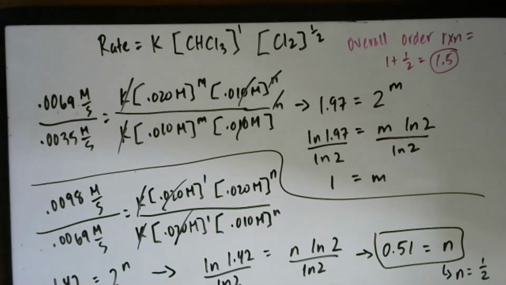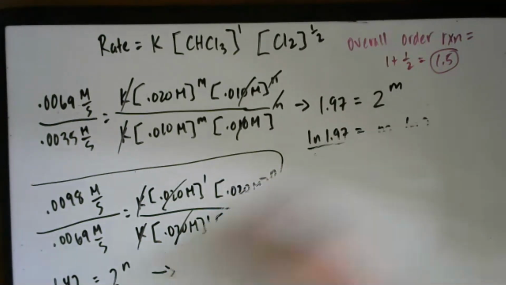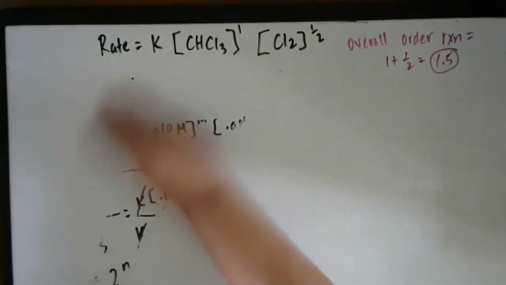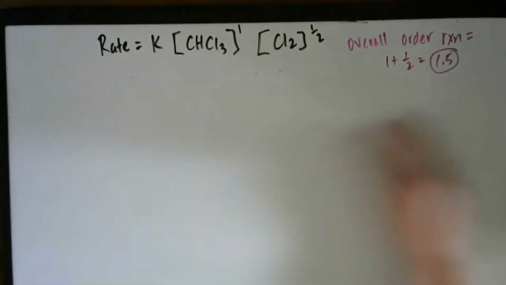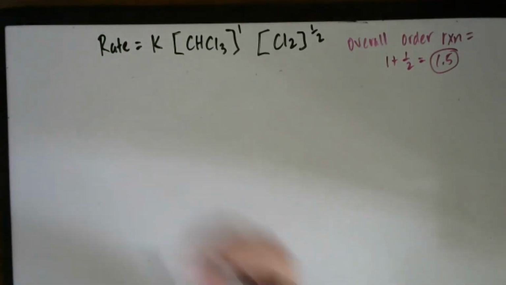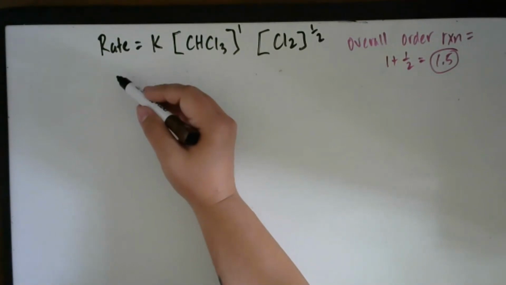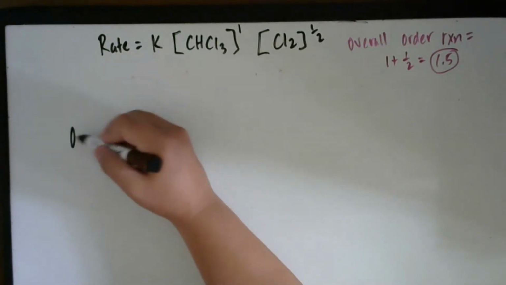All right. Let's find K real quick, which we didn't do yet. We can use the fourth trial to find K since we have neglected it so far. Okay, so our rate for reaction 4 is 0.027.